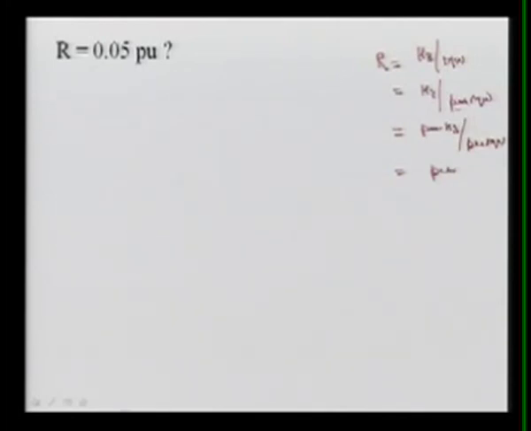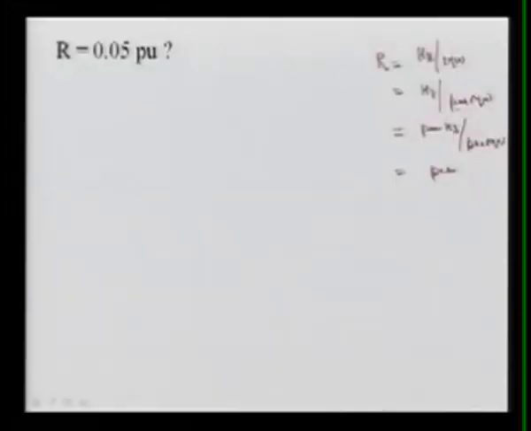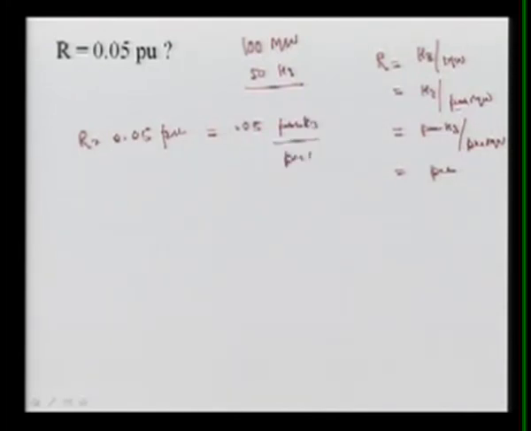Meaning your change in the frequency in per unit and the per unit megawatt give you a per unit value. Now for this, let's suppose your base power is 100 megawatt and your frequency is 50 hertz, then R is equal to 0.05 per unit, which we can write as 0.05 pu hertz divided by pu megawatt. Now we want to calculate the actual value.